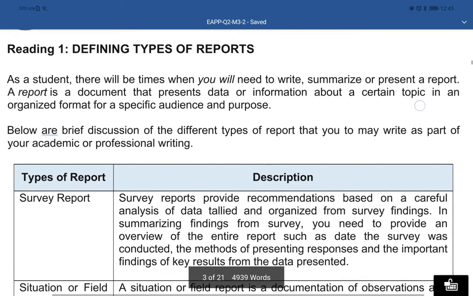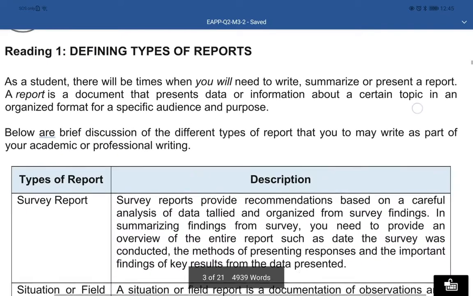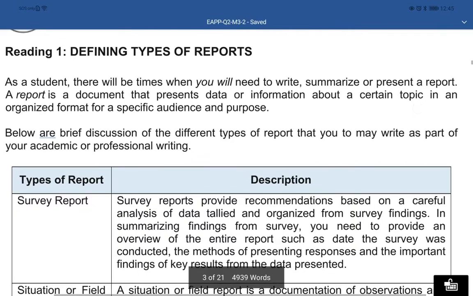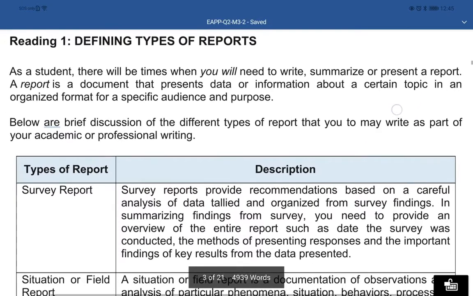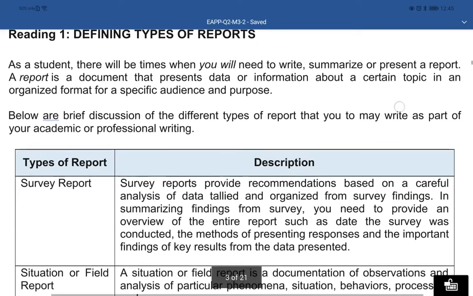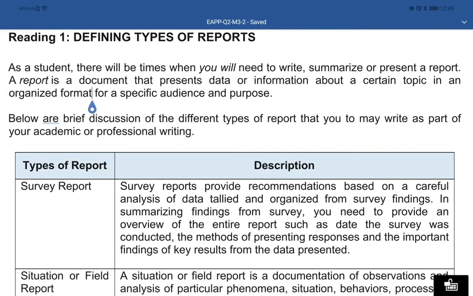So in the survey report, all you are doing is that you are giving or presenting the results of a survey. I believe you are aware of what a survey is. Diba? When you are asking a large group of people certain questions about a topic.